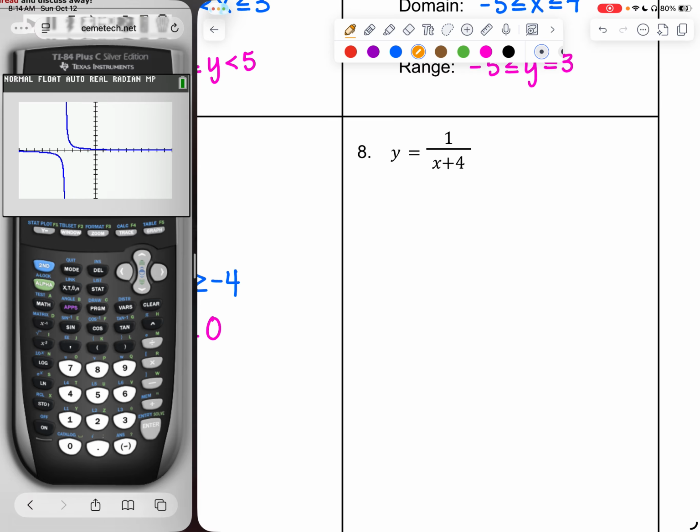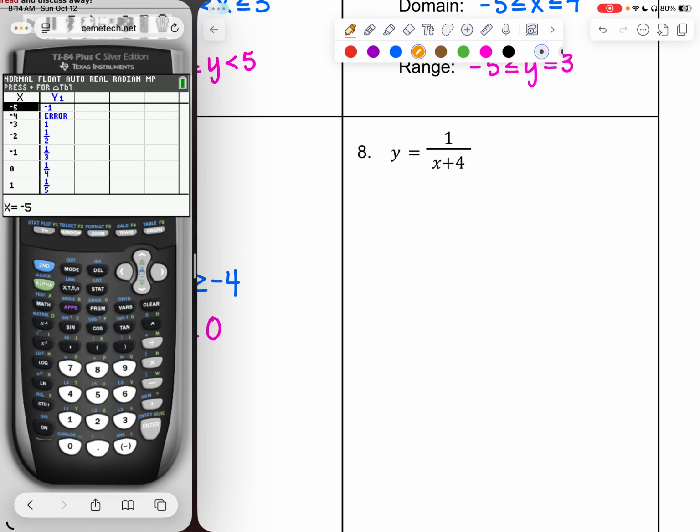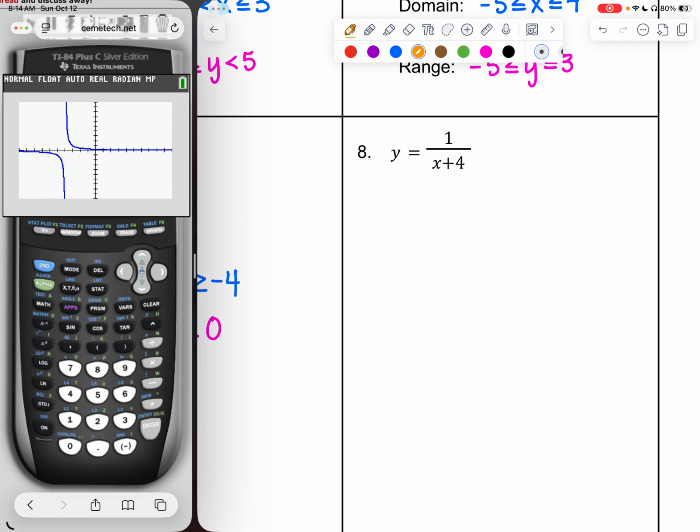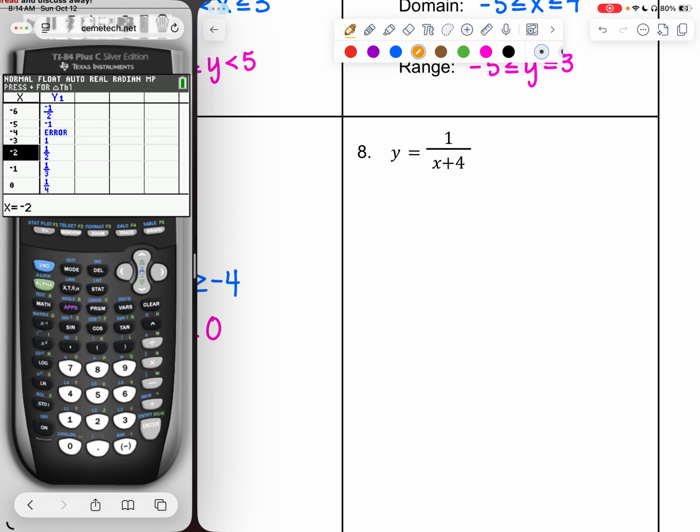So if I go to the table, I can see that x can be any number. As you can see, every x value has a y value, no matter how negative or how positive you are, except for -4.